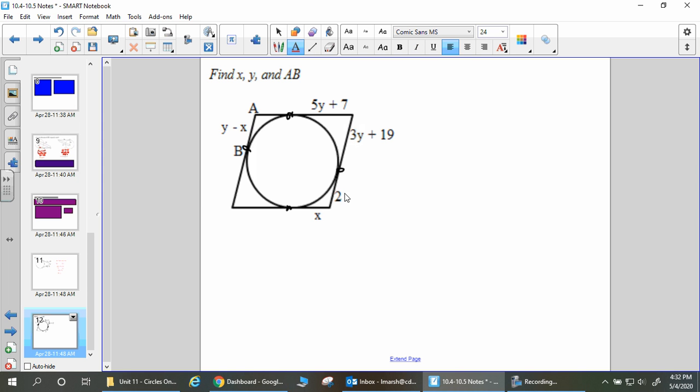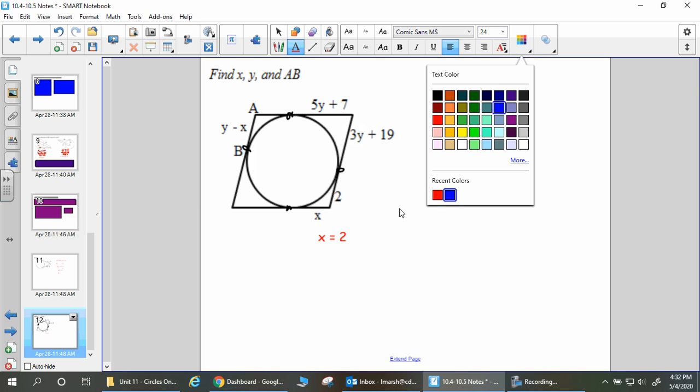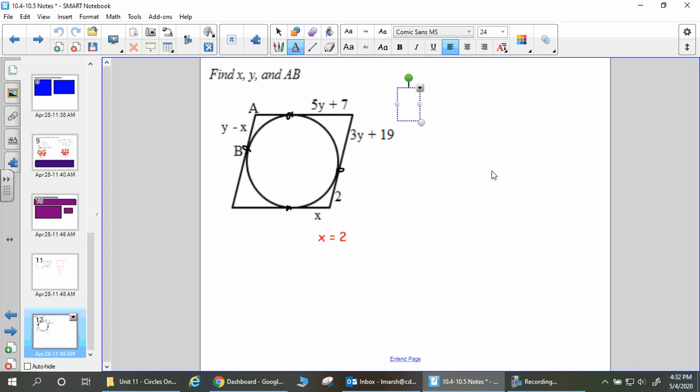Well, here's x, this side's 2, so guess what? X has to be the same, right? Ice cream cones, they got to be equal. So then let's find y. Well, the 5y plus 7, right, has to equal the 3y plus 19. Solve for y.